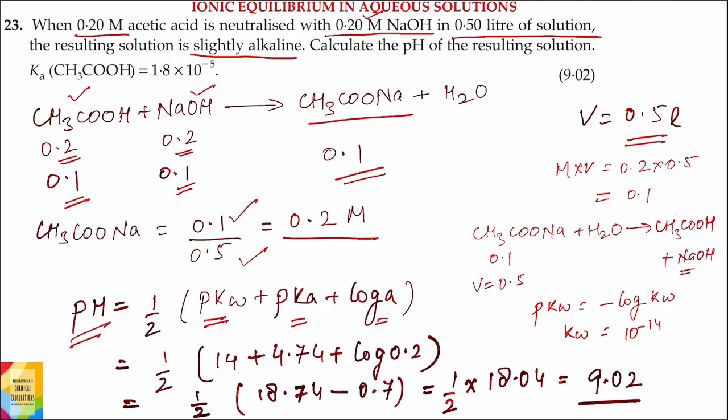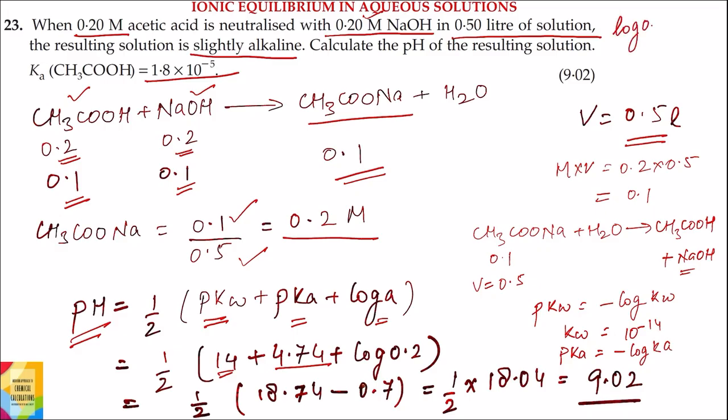So, minus log 10 to the power minus 14 will be 14. pKa is equal to minus log Ka, and the value of Ka is given in the question as 1.8 into 10 to the power minus 5. So, minus log Ka is 4.74. So, 14 plus 4.74, and the concentration of the salt is 0.2 moles per liter. So, log 0.2. What is log 0.2?